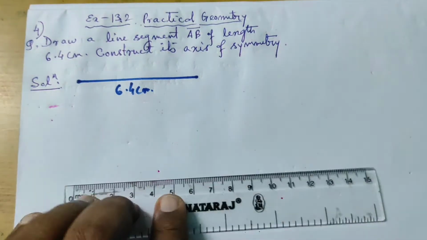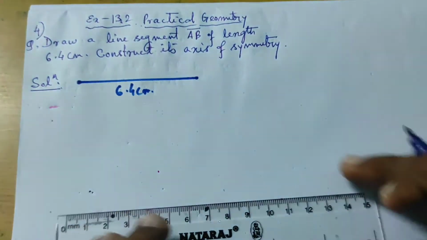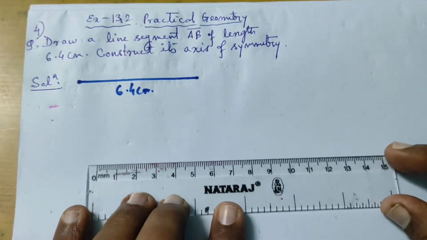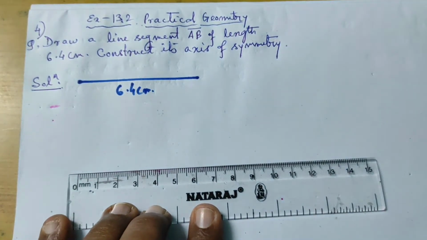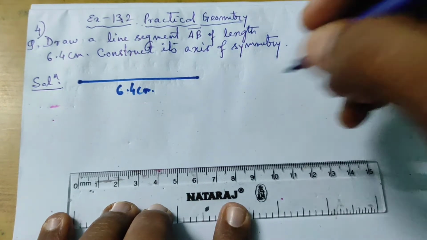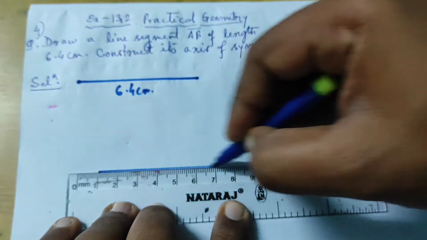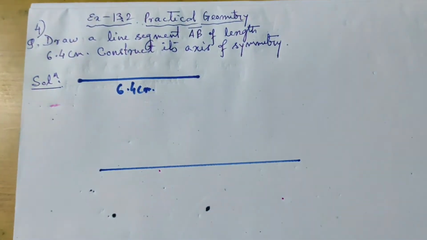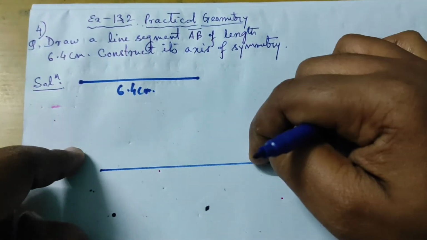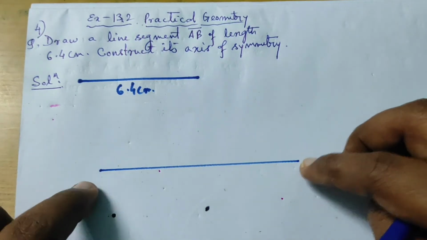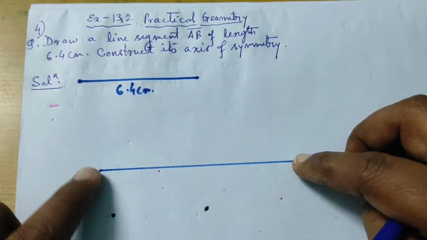So for copying the line segment, we have drawn the measurement. Then we will draw another line segment which is roughly bigger than 6.4 cm. So as you can see, the lengths of these two line segments are different, and obviously this is not 6.4 cm, it is quite bigger than this.